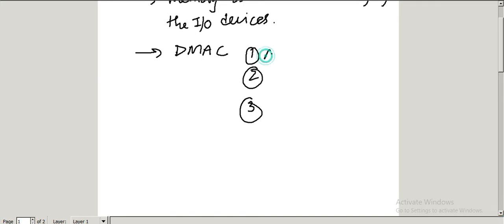One is AR, which is your address register. Second is your word count register, and third is your control register.